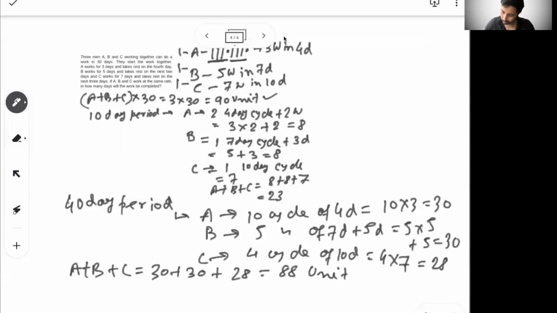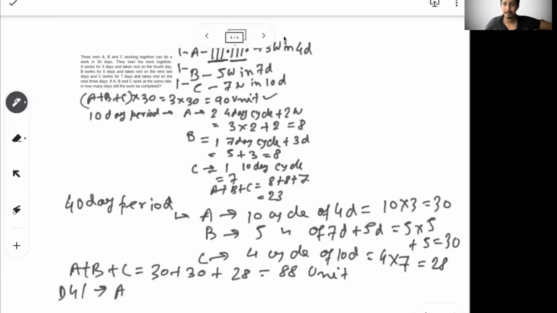If you now think who works on day 41, I just have 2 units left, so I need 2. If you see the 40-day period, A has finished a complete 4-day cycle, so it will start another cycle on the 41st day. So A will surely work.